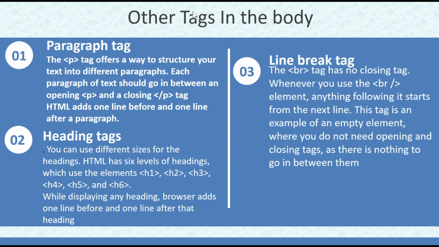Each paragraph of text should go in between an opening P and a closing P tag. As you have seen, this is the opening tag, and this is the closing tag that has the slash. So when you open a paragraph, you open it like that and close it like that.